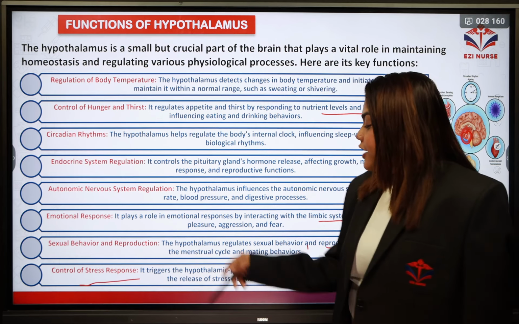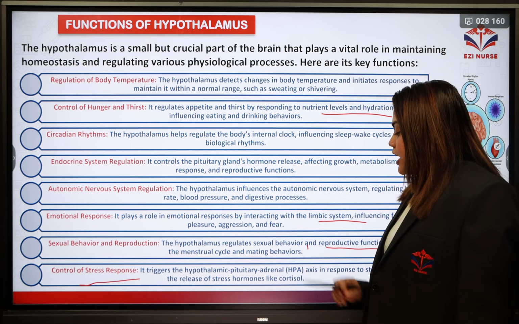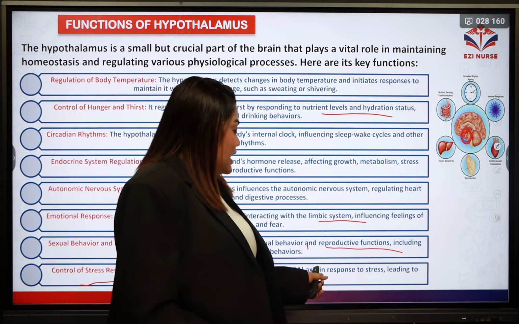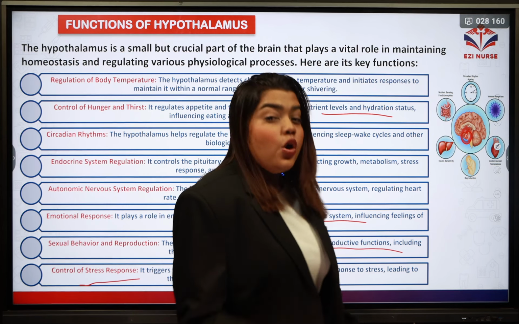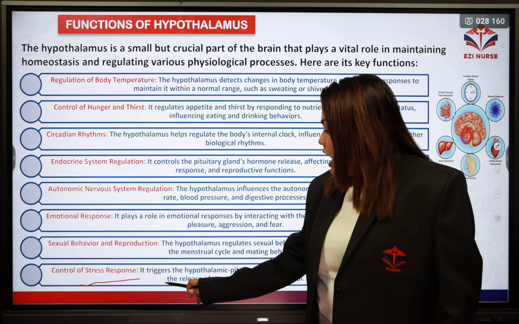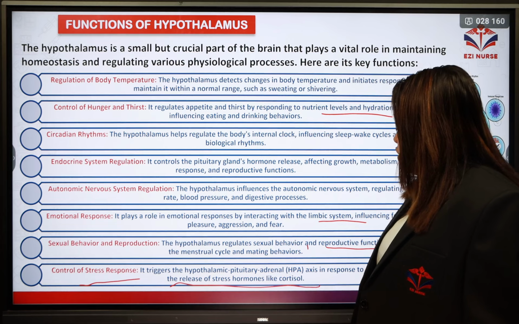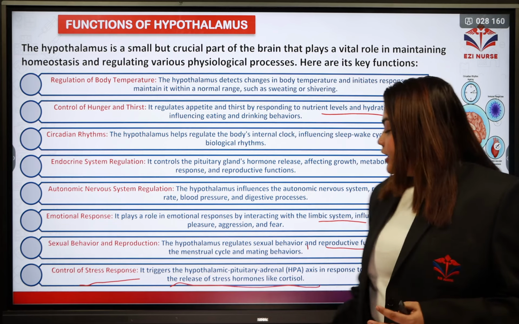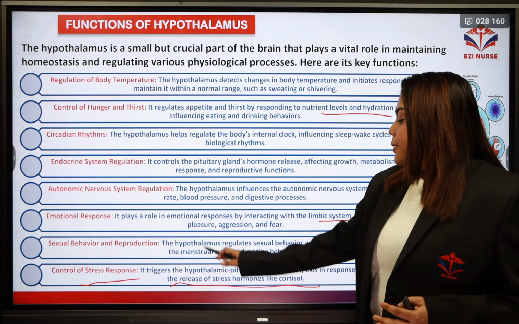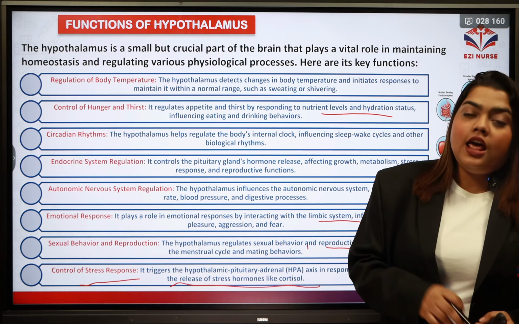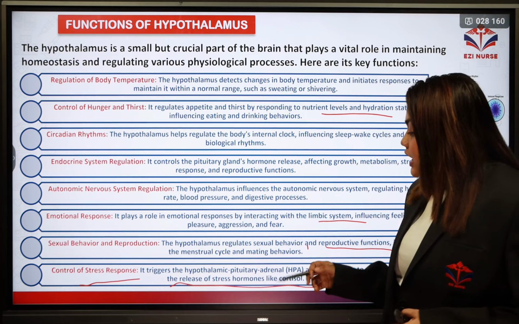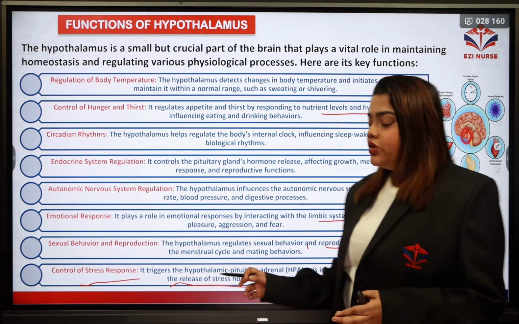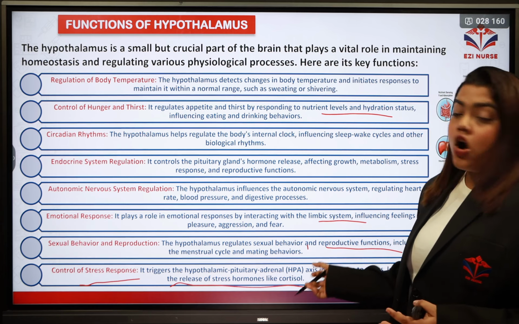As I told, it triggers the hypothalamic-pituitary-adrenal axis, or HPA, which acts in response to stress, leading to the release of the stress hormone like cortisol. So by regulating the HPA, it controls the stress-releasing hormone, the stress hormone, which is cortisol.